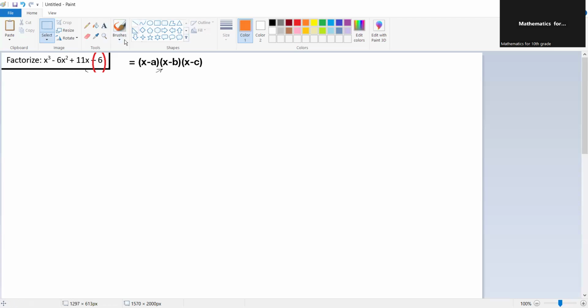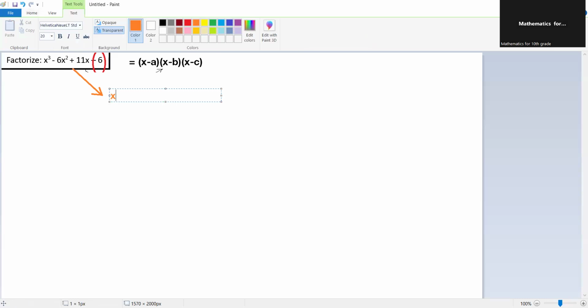So this is equal to x minus 1, because x minus 1 is a factor because f of 1 was 0, as explained, into, because the original function is a cubic function, the result has to be cubic also.